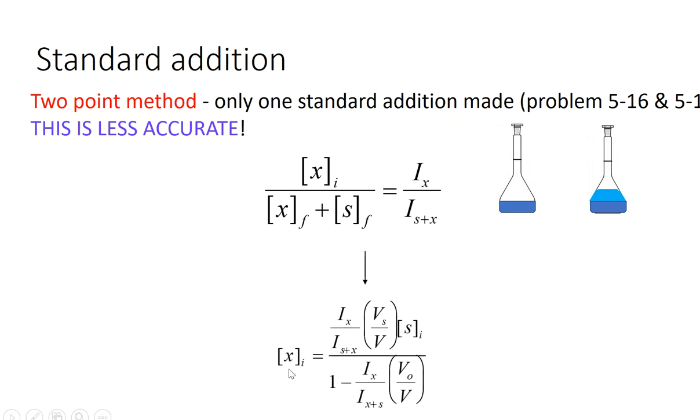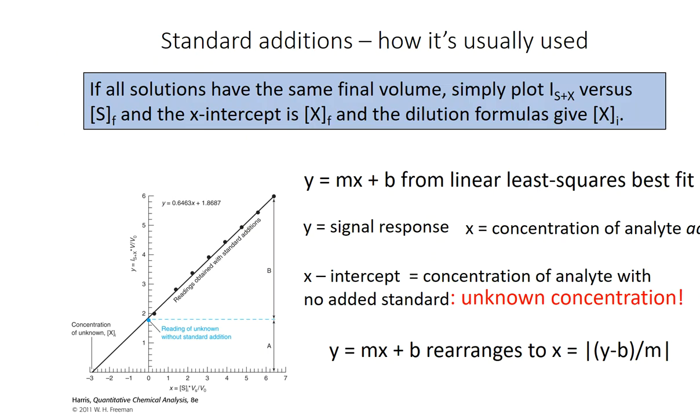And ultimately you can solve for the X initial just by rearranging this equation. So this is just a little bit of algebra to go from this equation up here to the one below, where we solve the initial concentration of X just in our blue seawater down here. Okay. Let's talk about how this is really used.